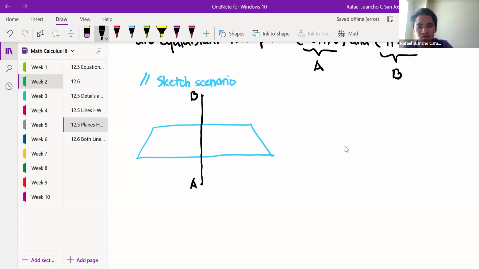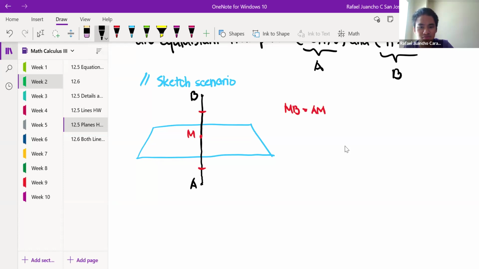Now we want to find the equally distant point, which is probably here. Let's say this is M, which stands for midpoint. So this is the distance from M to B. I'm going to say line segment MB is equal to AM or MA, doesn't matter, right?